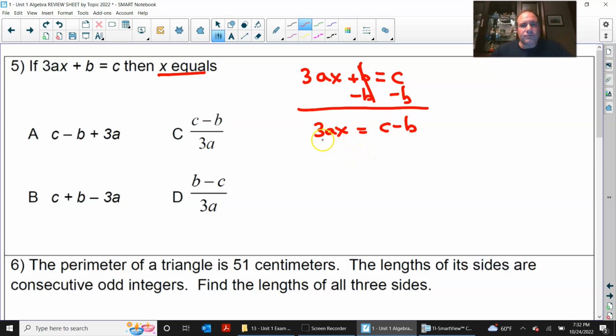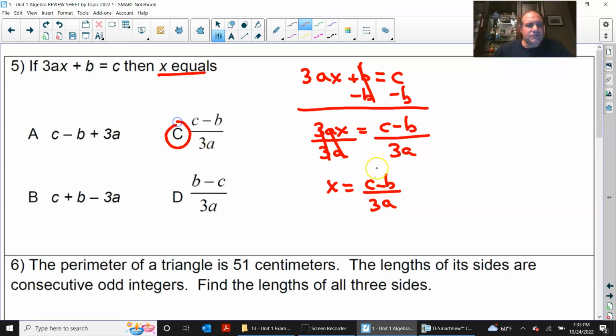Then, since I have to solve for x, I'm going to divide, because this is multiplication, so I can divide by 3a. The 3 and the a cancel. You have x equals c minus b over 3a. And there it is, right there. C is your answer.